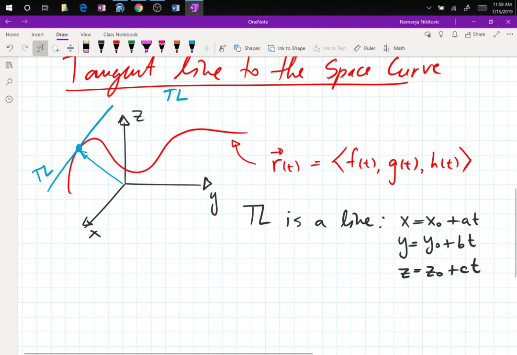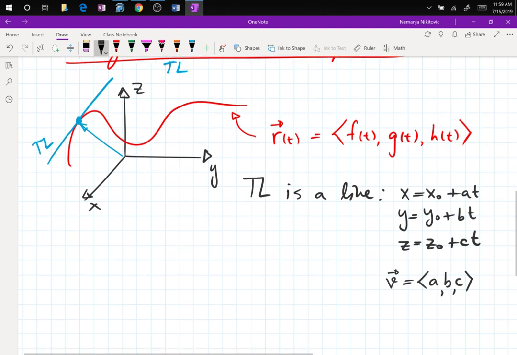It has to be a linear line. So we understand that this ABC vector, we call that vector v, is, in quotes, some kind of 3D slope. That vector in three-dimensional space shows the direction of the tangent line.